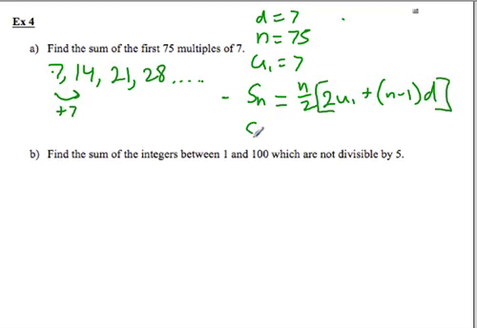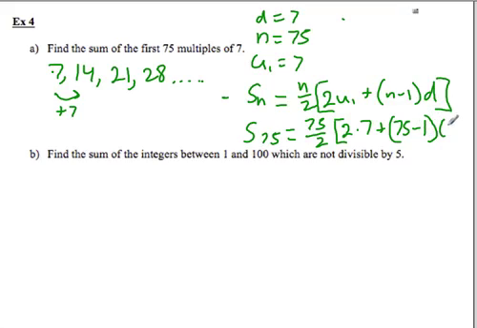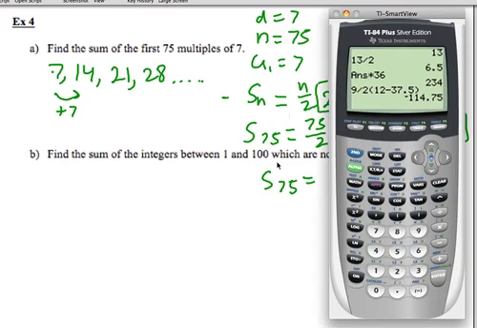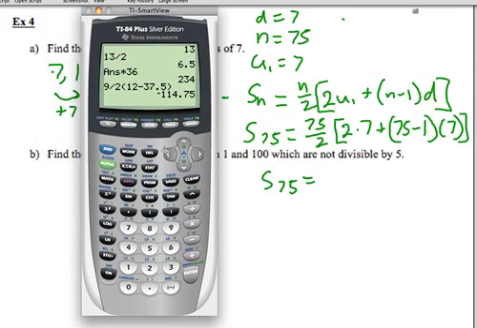And let's substitute in the values. So S sub 75 equals 75 out of 2 times 2 times 7 plus 75 minus 1 times the common difference, which is 7. And I could even just type all that into the calculator.